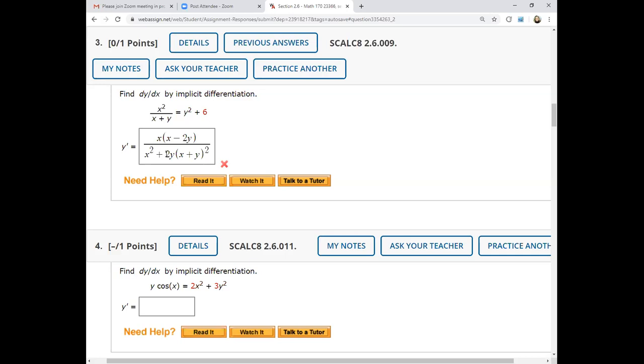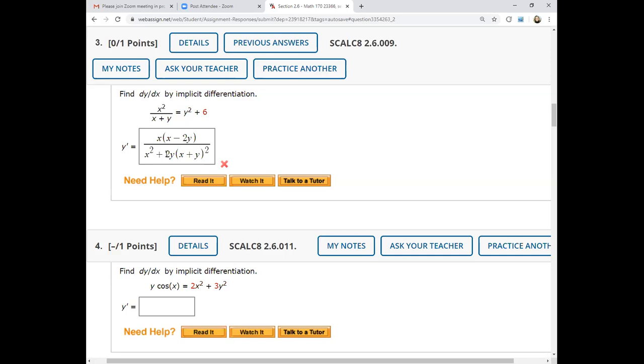Derivative of the first. Oh wait, I messed this up when I wrote it. So it's x plus y times 2x minus, then I have to do the product rule. So it's first function, which is x squared dy dx, plus the second function times the derivative of the first.